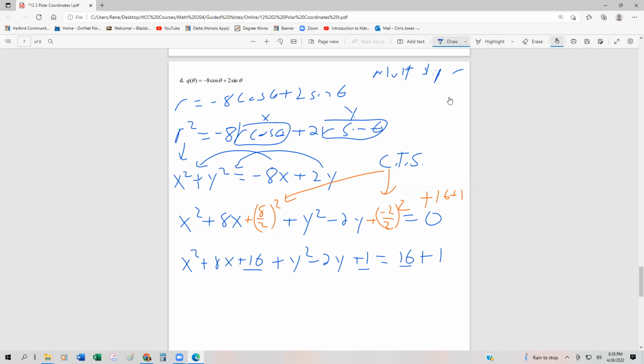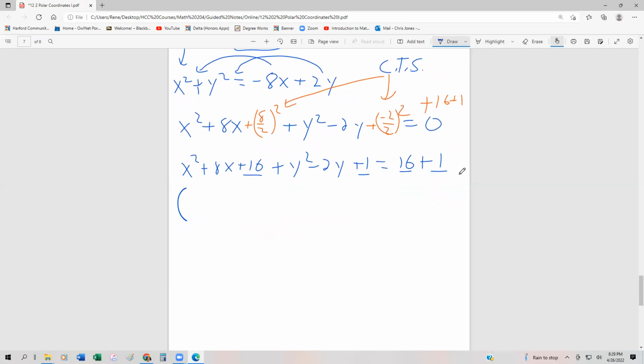And when we factor, this is now a perfect square trinomial. So we get x plus 4 squared plus y minus 1 squared equals 17.